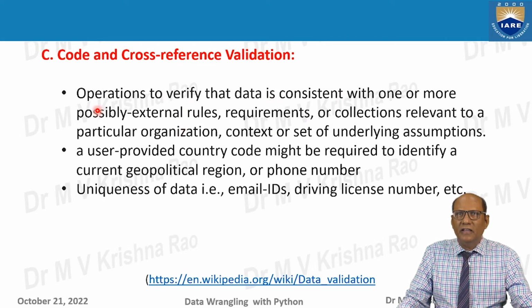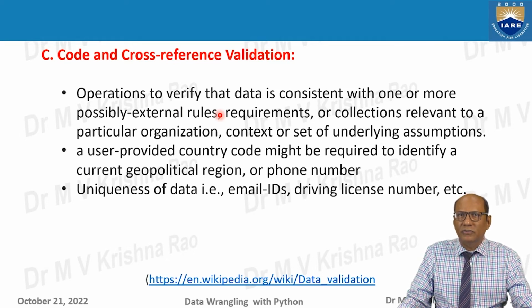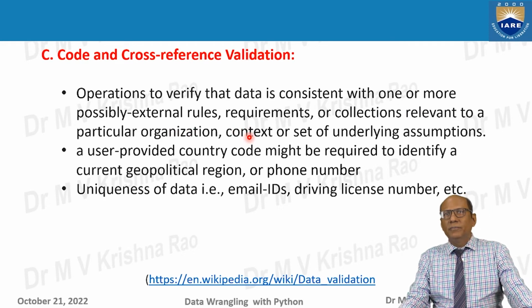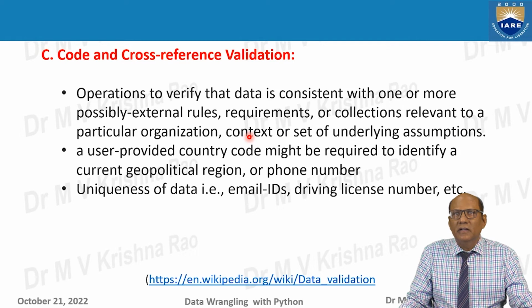Under this category, all operations are required to verify that data is consistent with one or more possibly external rules. So there are some external rules laid down by the organization or the system you are using, requirements or collections relevant to a particular organization, context. Based on context, you have to have certain things, or a set of underlying assumptions.